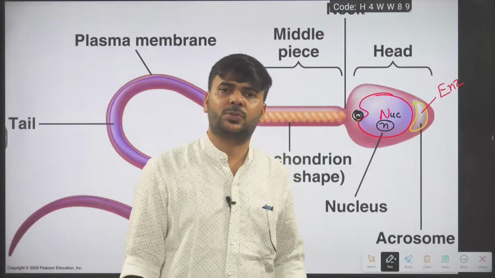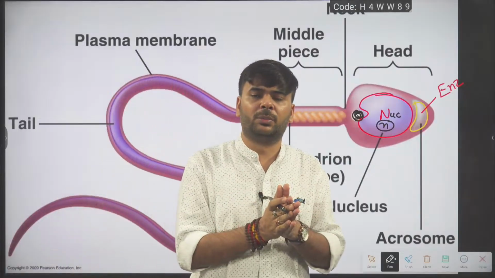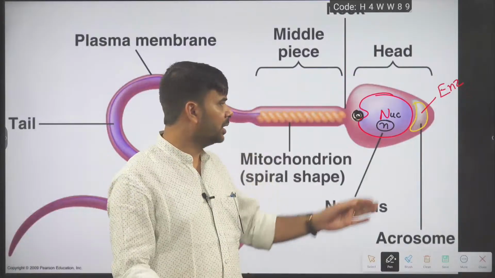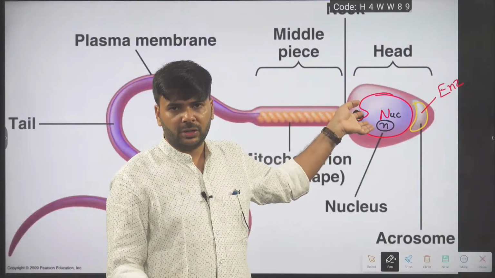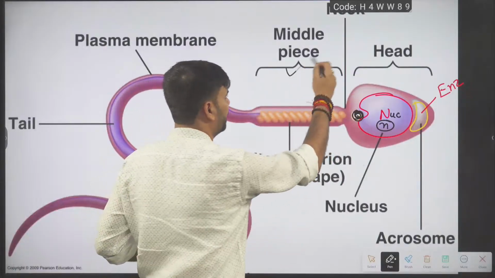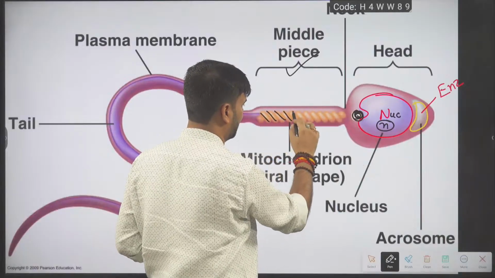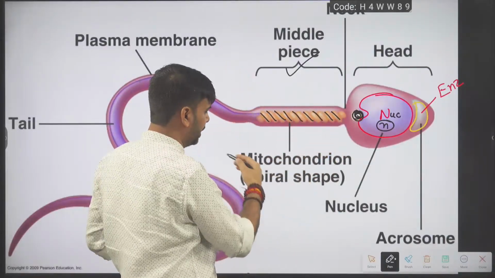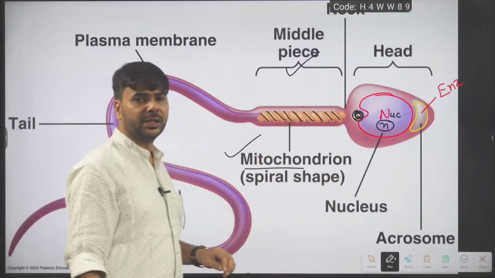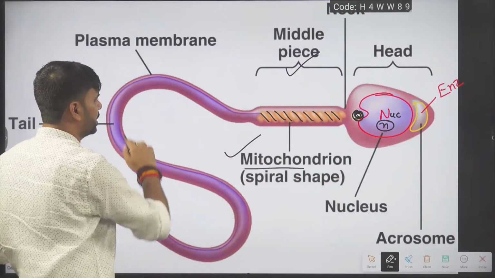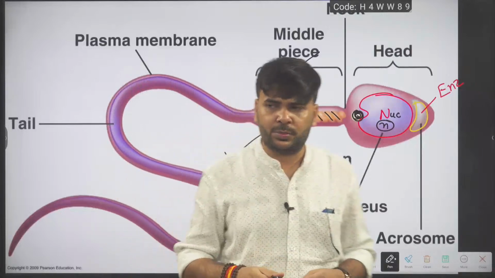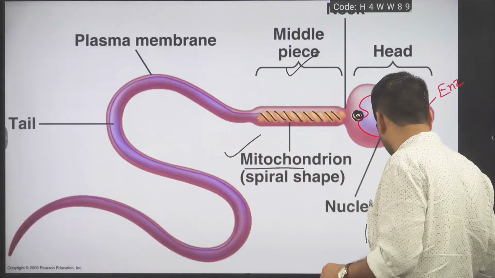So when this sperm fertilizes the ovum, at the time of cell division in the zygote, it will be done by this centriole. Again, this is called the middle piece. The middle piece contains mitochondria. This ring-like or spirally coiled area is the mitochondria. And then the tail. The tail is responsible for movement of the sperm, the swimming of the sperm. Here it finished.